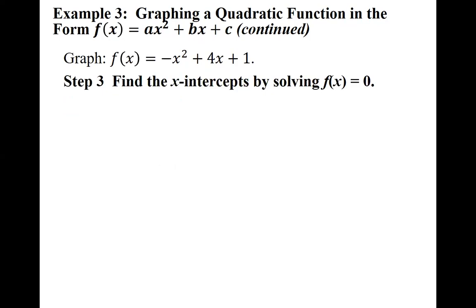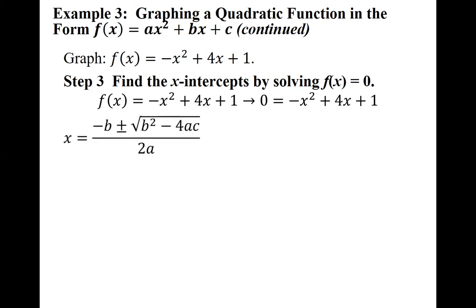X-intercepts. Solve f of x equal to 0. So take f of x and replace it with 0. Then use the quadratic formula. That's negative b plus or minus the square root of b squared minus 4ac, over 2a. a is -1, b is 4, c is 1.